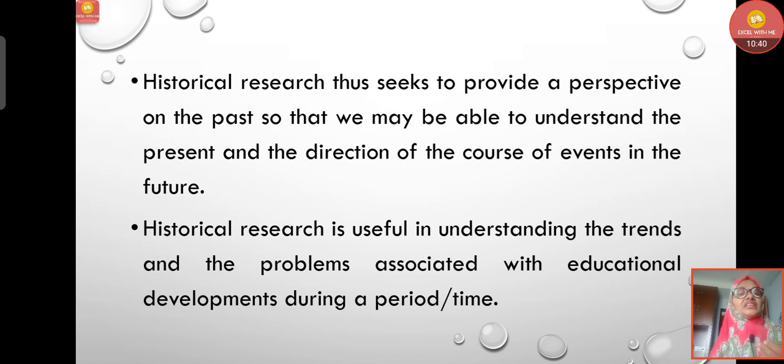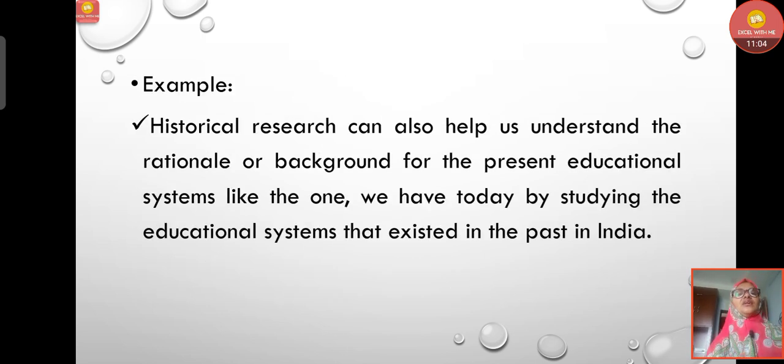Historical research is useful in understanding the trends and the problems associated with educational developments during a period of time. Also, we can understand how it was earlier. For example, we can take the NEP, National Education Policy: how it was in the past, and how it is now. We can see the difference, NEP 2020, and go through what the differences are.